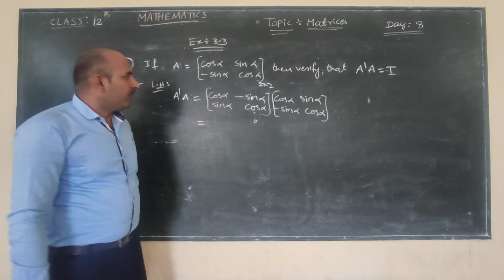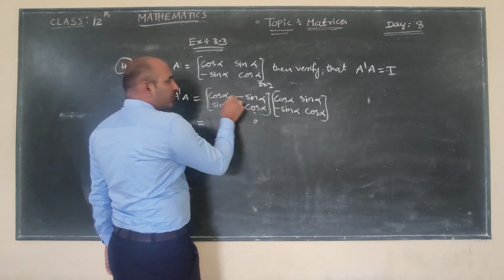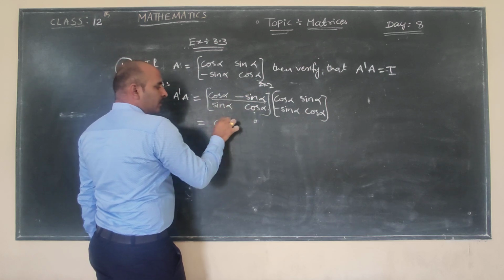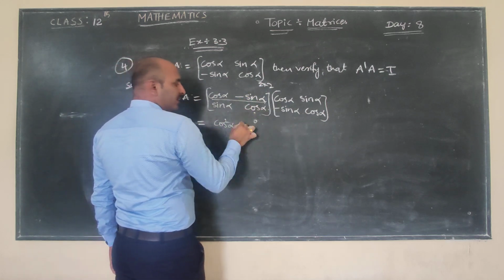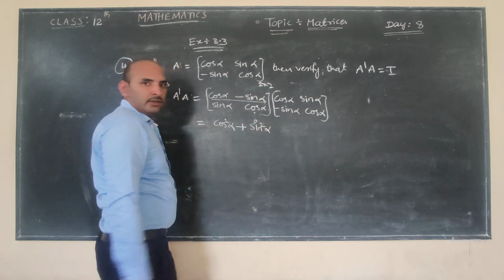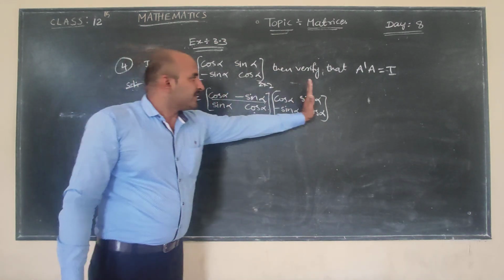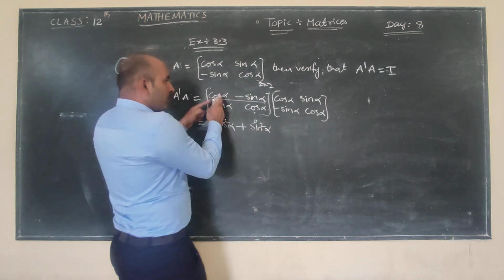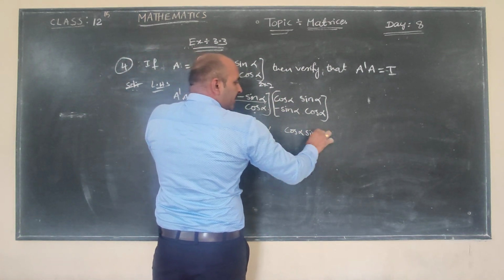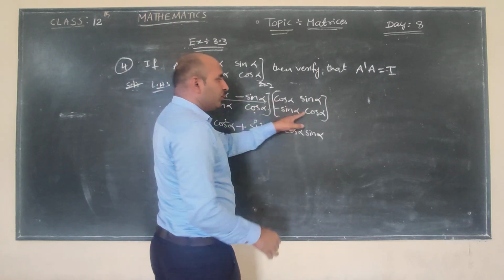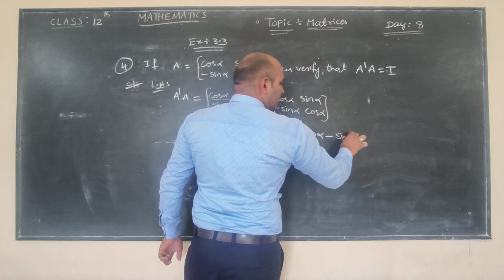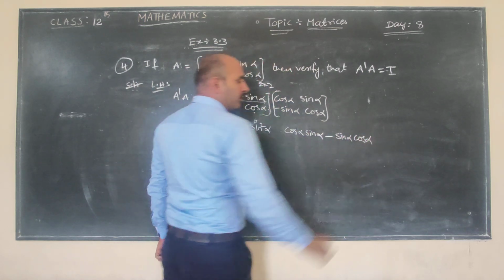So now multiply the first row with the first column: cos alpha into cos alpha, cos square alpha, minus into minus plus sin alpha into sin alpha, sin square alpha. Now the first row with the second column: cos alpha into sin alpha, cos alpha sin alpha, minus sin alpha into cos alpha, sin alpha cos alpha.